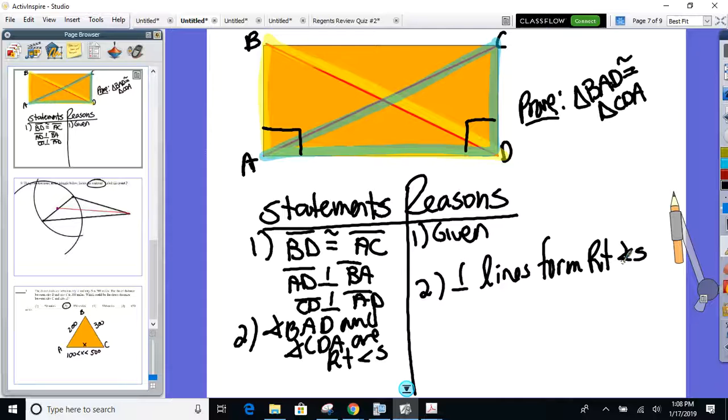Is there any other sides or angles you could give me? I got a reflexive side, Molly, AD.